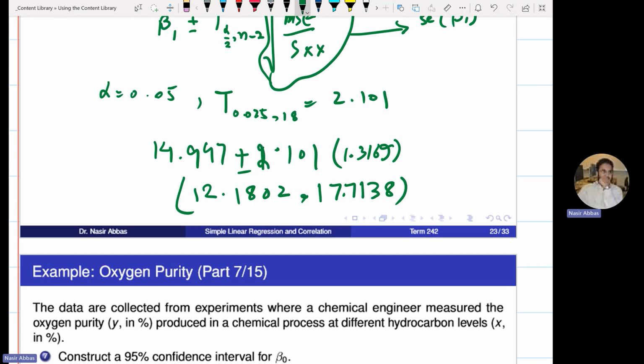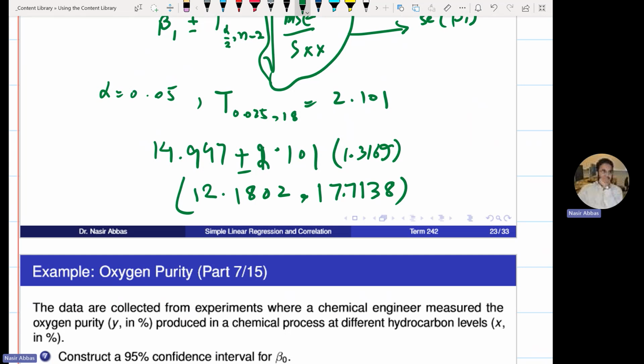I will say that we are 95% confident that the average change in purity due to a 1% increase in hydrocarbon level is between 12.18% and 17.71%. Repeat.